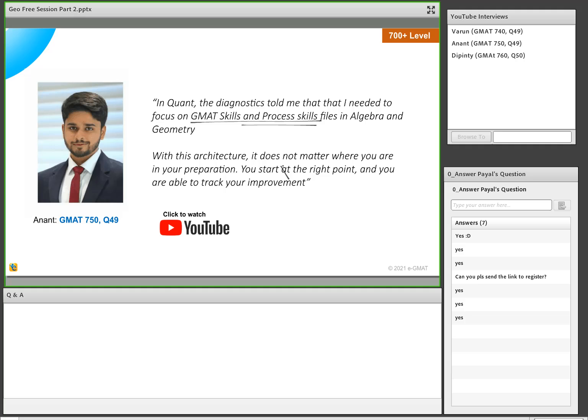And someone was asking how many hours of learning you have. We have about 300 hours of learning, but the beauty of this architecture is you don't need to go through all of it. You only need to go through that content where you need help, and that's what this architecture tells you. Even before you start learning, you have good justification as to why you should learn an entity.